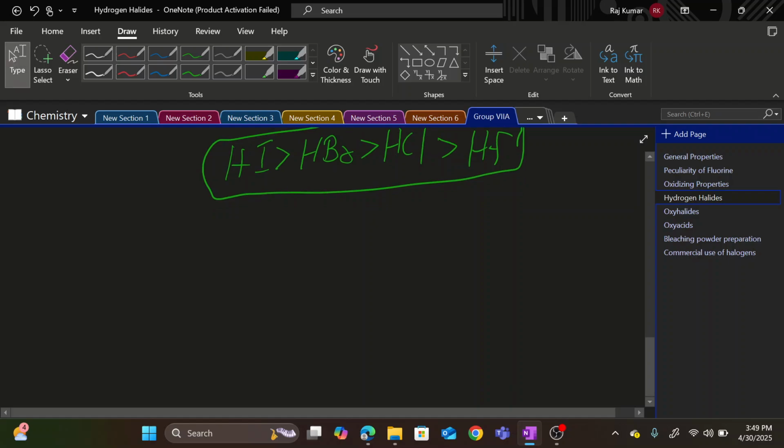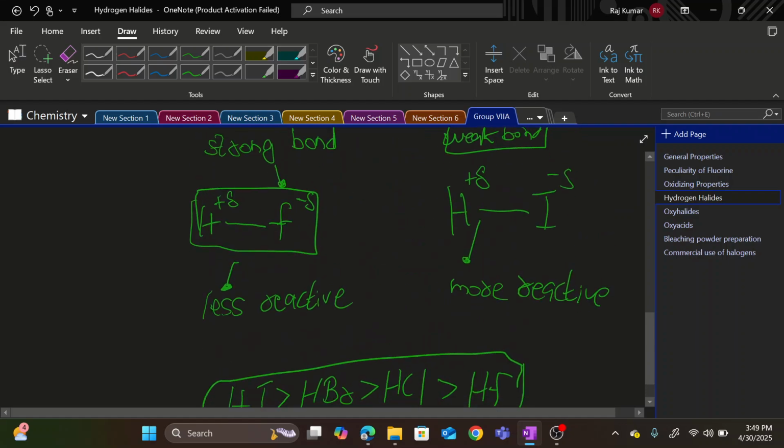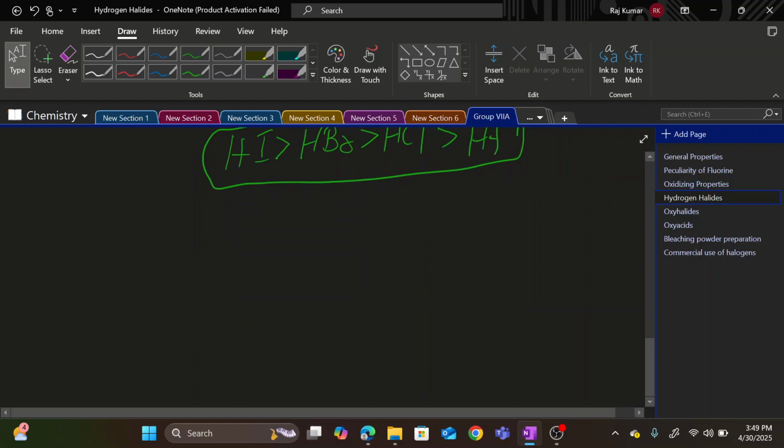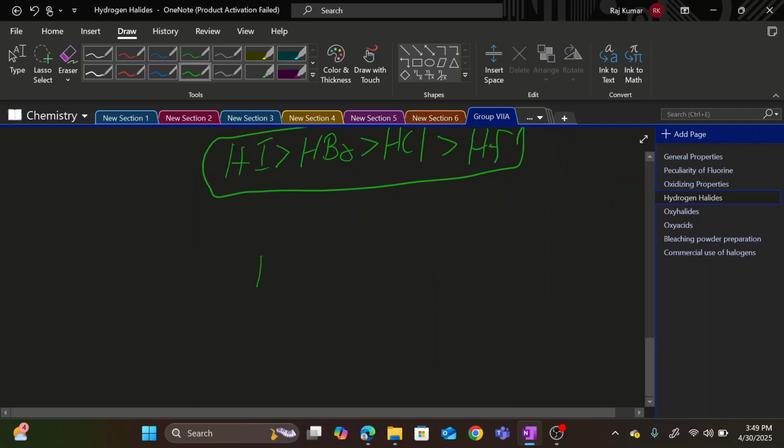Another important point to be considered here is that hydrogen fluoride has physical forces of interaction as well, which is known as hydrogen bonding.